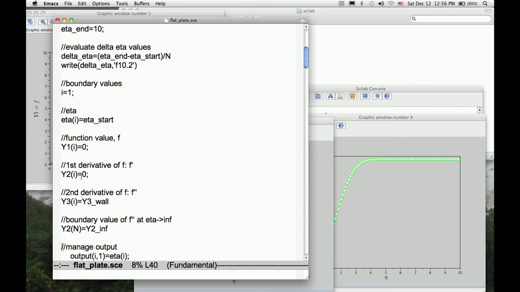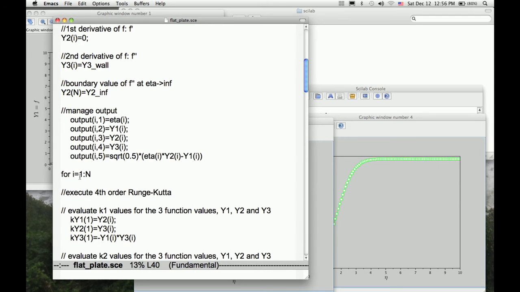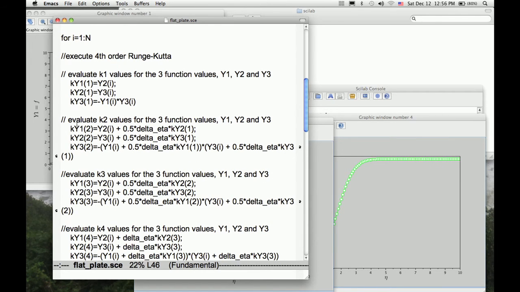So f dash is what I am calling y2. So, ky1 is equal to y2, then ky2 is equal to y3, and ky3, as you can see, is minus y1 and y3. So, basically these two values.